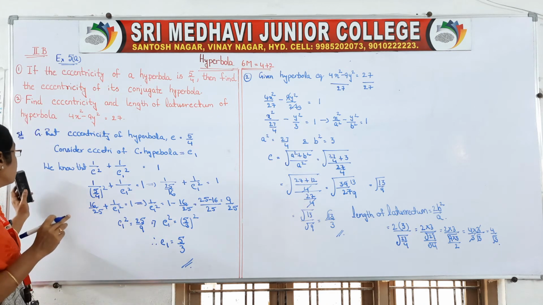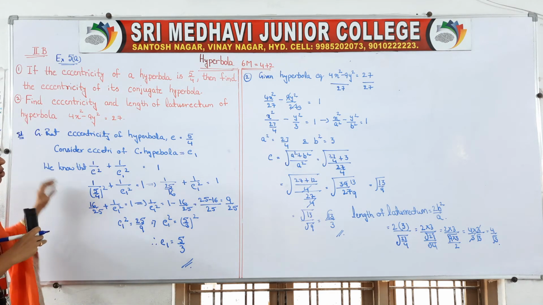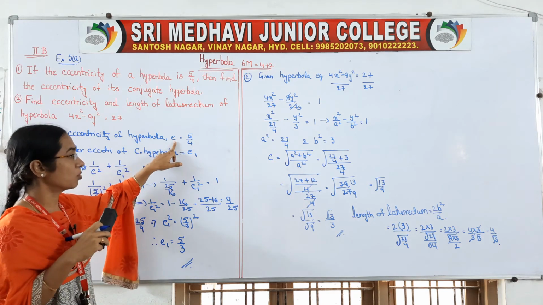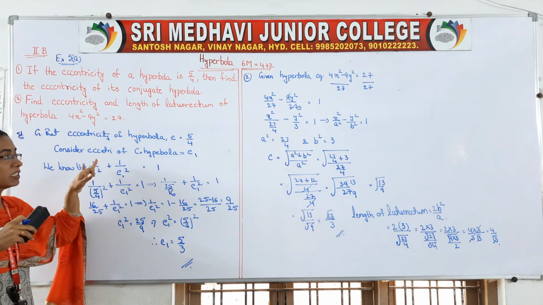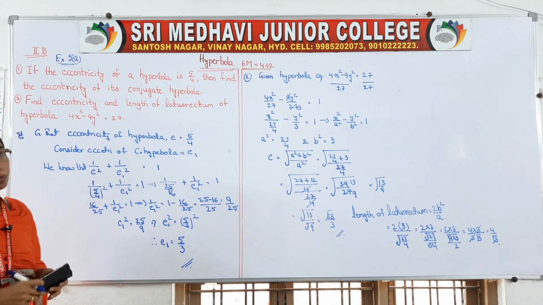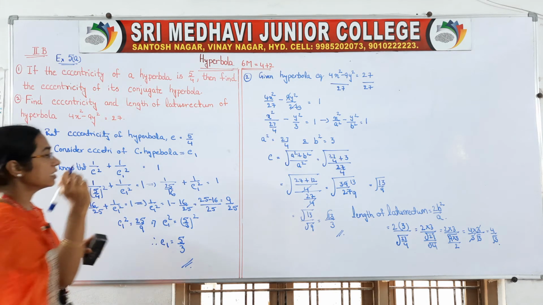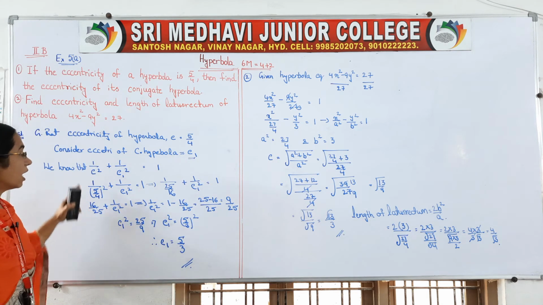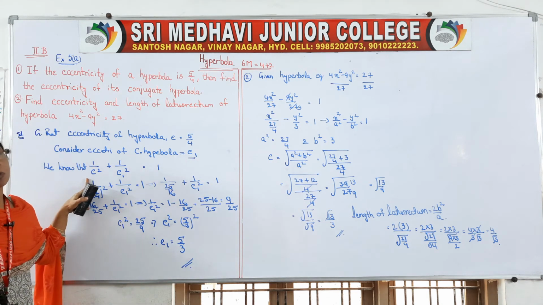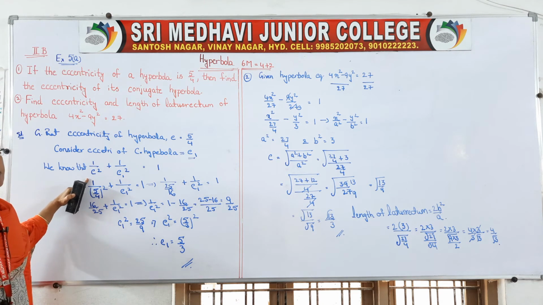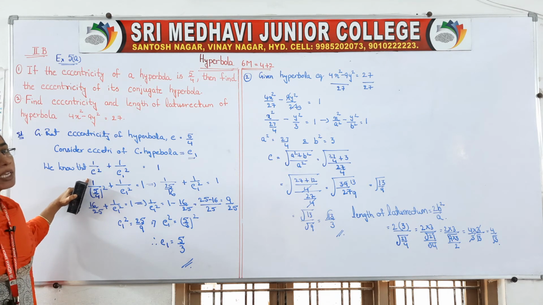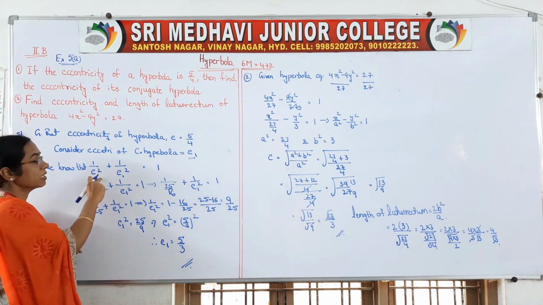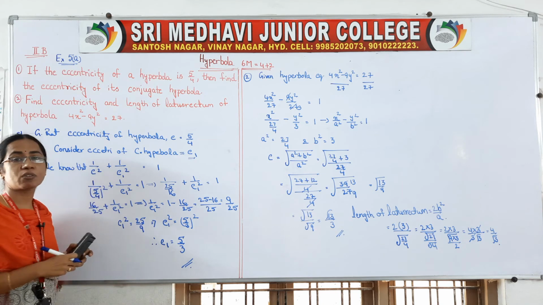So come to the first question. Here the eccentricity of a hyperbola is given to us and we have to find the eccentricity of the conjugate hyperbola. So consider the eccentricity of the conjugate hyperbola as e1. We already derived and proved that if e is the eccentricity of the hyperbola and e1 is the eccentricity of the conjugate hyperbola, then 1 by e square plus 1 by e1 square is equal to 1.